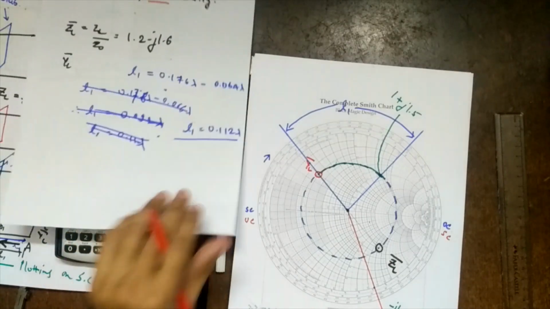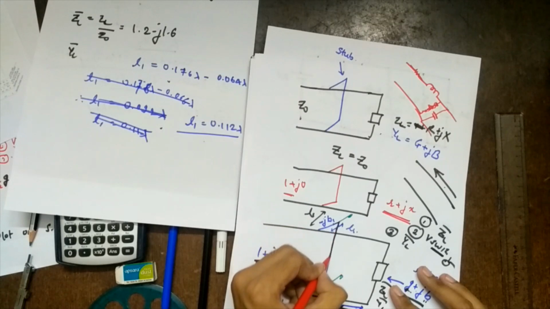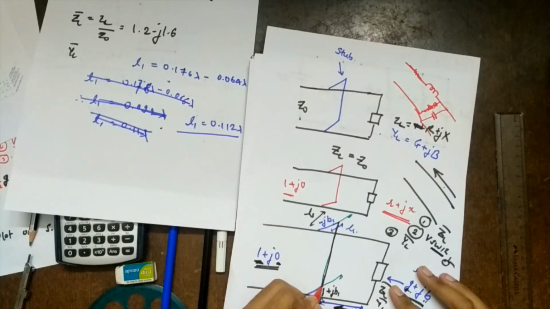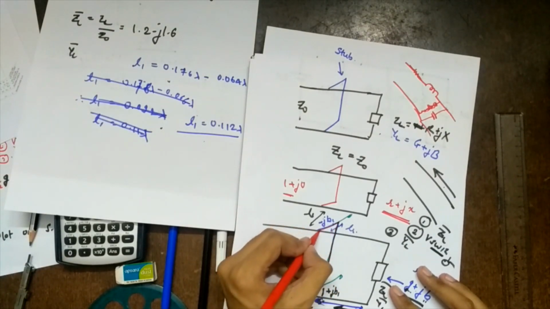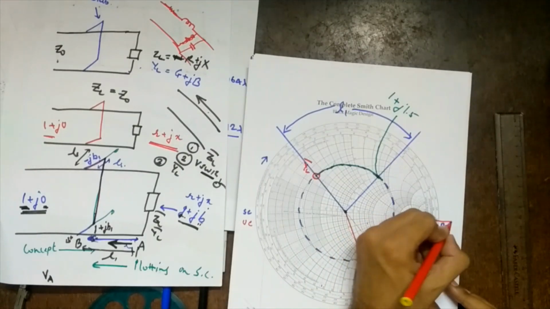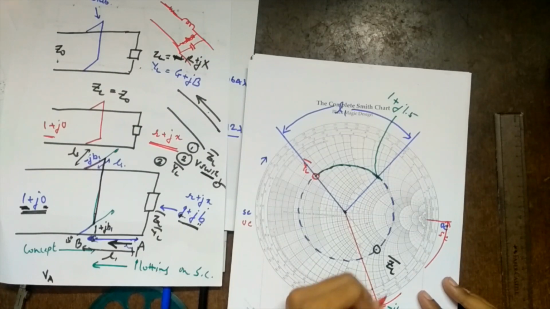How to find the length? Always consider this as short circuit. Consider short circuit as the load, and you are moving away from the load, which means towards the generator. So from here you move towards the generator, and you take this distance. This distance is LS.